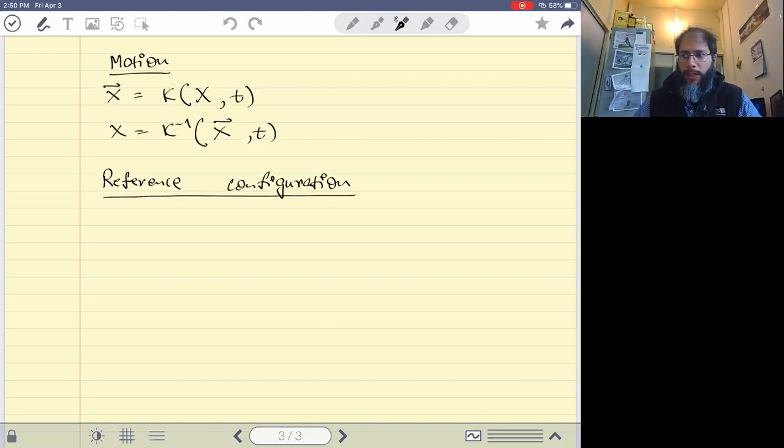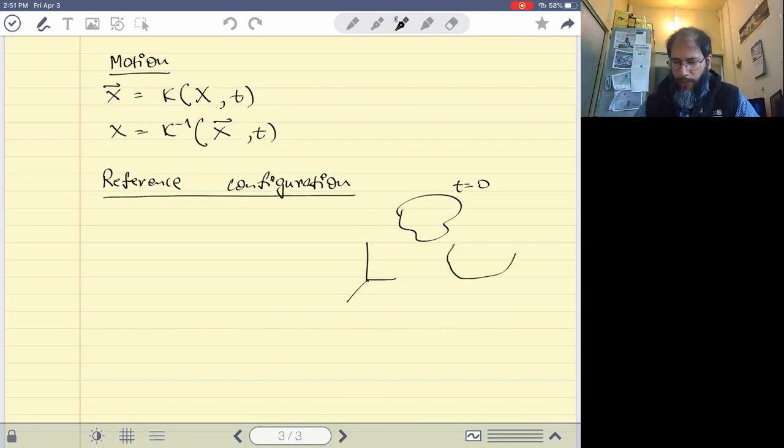Okay, so what this means is that now that we're talking about motion of the body in time, we'll have multiple configurations to compare with. So let's say, for instance, we have the body at t equal to 0, and then the body changes shape, moves, etc. And now we have the body which has completely moved and changed shape at some t equal to t1.